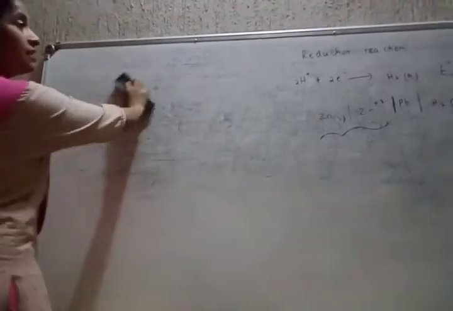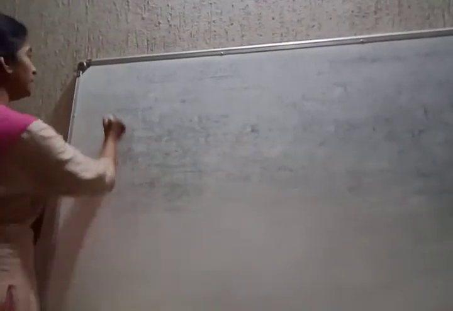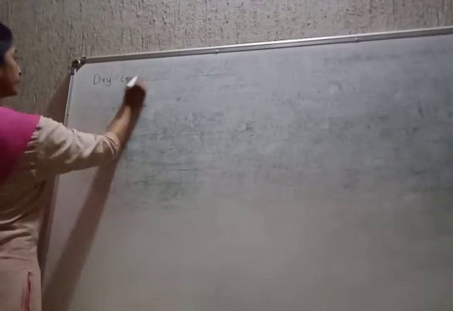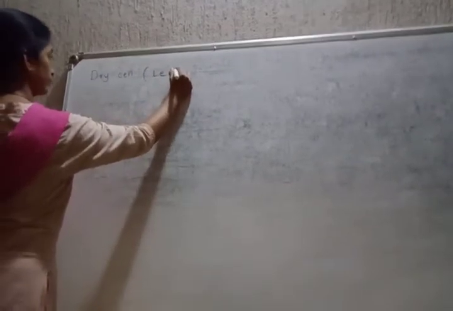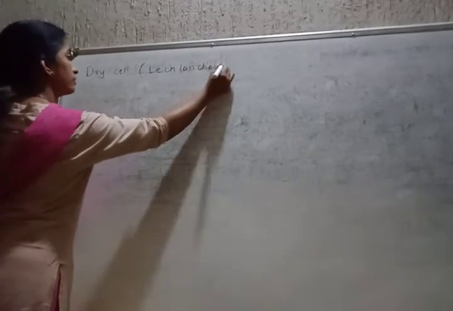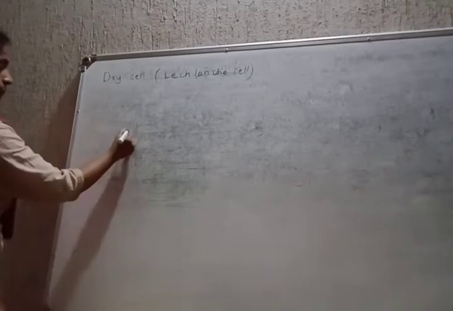Secondary voltaic cell means where by increasing the potential with the help of an external source, we can reverse the reaction and get back the chemicals. त्याला secondary voltaic cell म्हणतात. Best example is Leclanché cell.